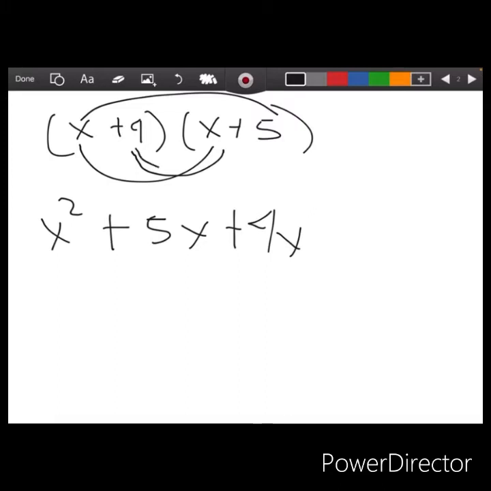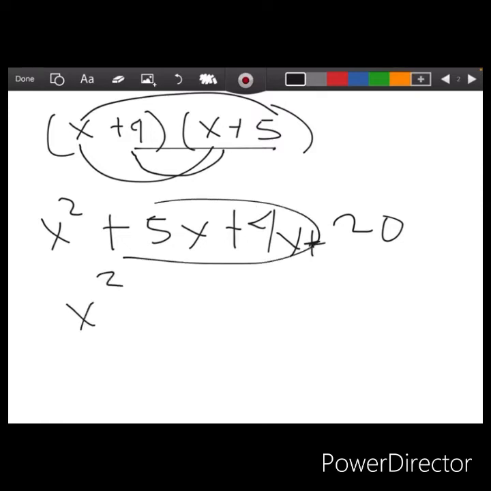And the product of both last terms, or 4 times 5, we have plus 20. And then simplify, we have x squared, get the sum of the middle part, plus 9x, and copy the last term, or the constant, the value of the constant, we have 20.